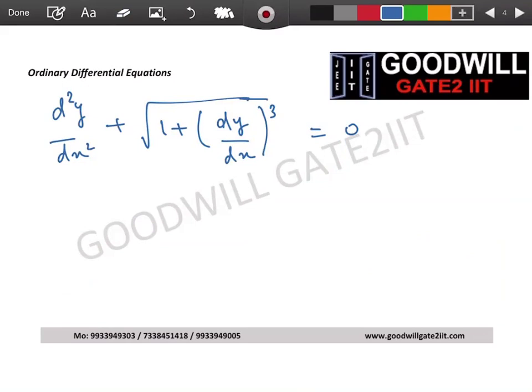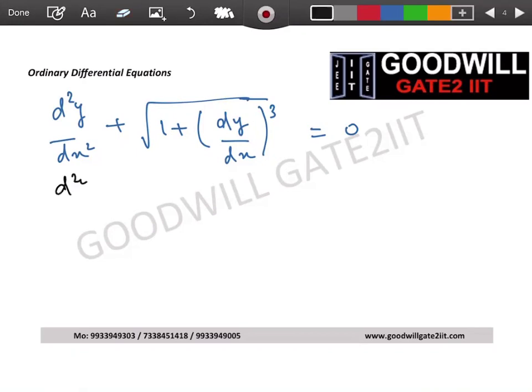Now your task is to find the order and degree of this differential equation. The very first thing is, I can see a radical here, the square root. First thing is I have to get rid of this radical. My equation should be free from the radical signs and fractional power, right?